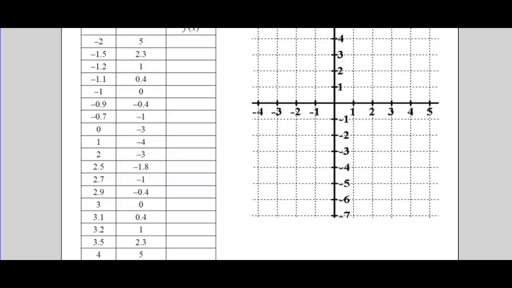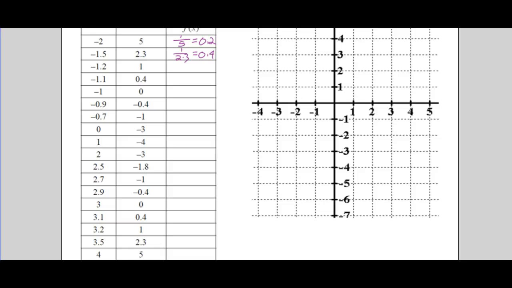So what do we have to do? We just have to go 1 over 2.3. That's not exactly the nicest of numbers, so let's give ourselves some decimals because they'll be easier to plot.